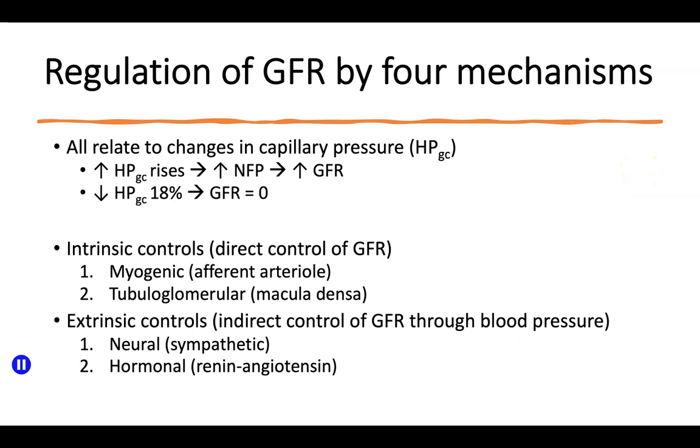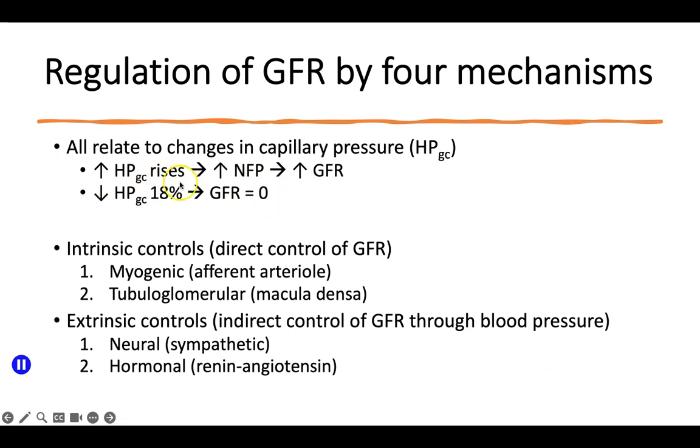Glomerular filtration rate is regulated by 4 mechanisms, and all are going to relate to changes in the capillary pressure. As the capillary pressure increases, you're going to see increased net filtration pressure, and that's going to lead to increased glomerular filtration rate. If you see the capillary pressure decrease, you'll pretty quickly see the glomerular filtration rate drop to 0.